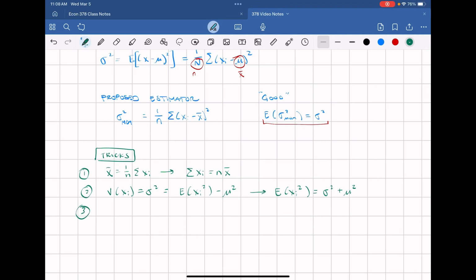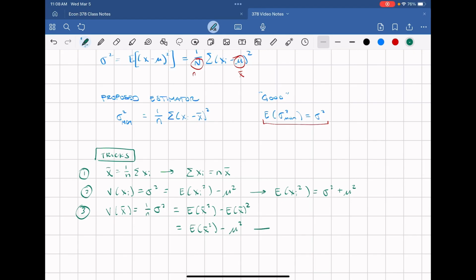And the third trick we're going to use is that the variance of x bar is equal to 1 over n sigma squared, which is equal to the expected value of x bar squared minus the expected value of x bar, squared. Well, what's the expected value of x bar? It's mu.